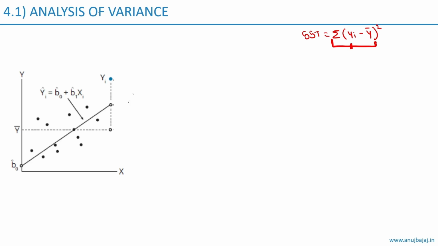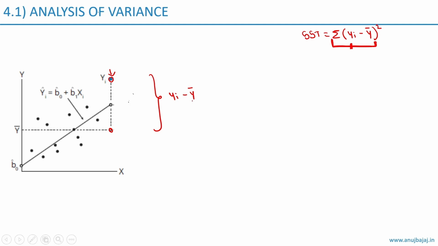This is the scatter plot of the dependent and the independent variable. So let us consider this data point over here. This is the actual value of the dependent variable, and this is the average value. We are concerned with explaining this deviation, which is the difference between the actual value and the average value.